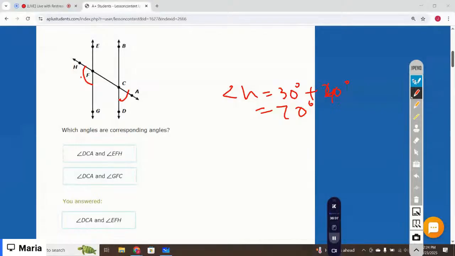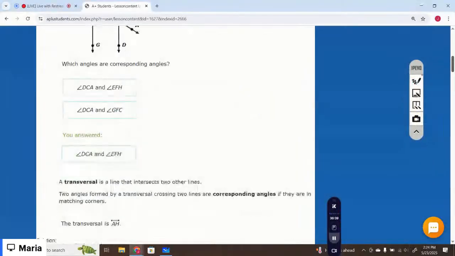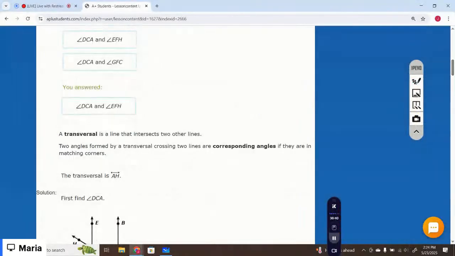Corresponding angles are congruent. A transversal is a line that intersects two other lines. Two angles formed by a transversal crossing two lines are corresponding if they are in matching corners. The transversal is AH.